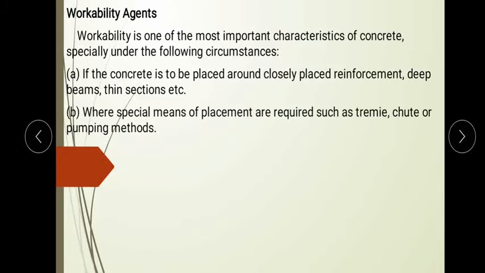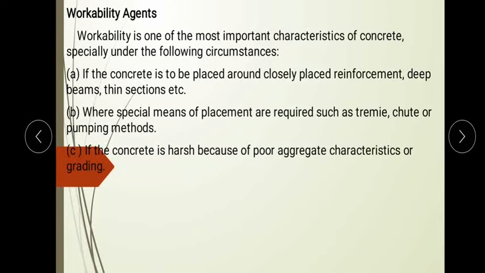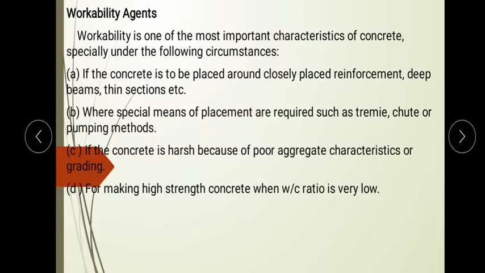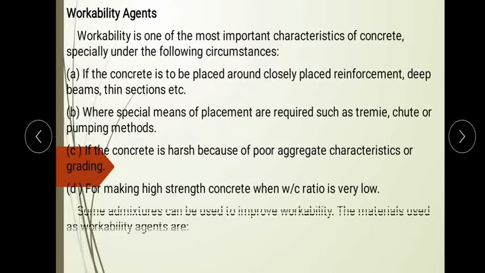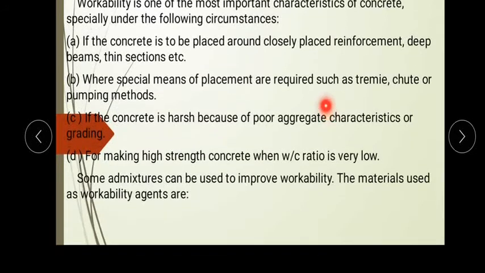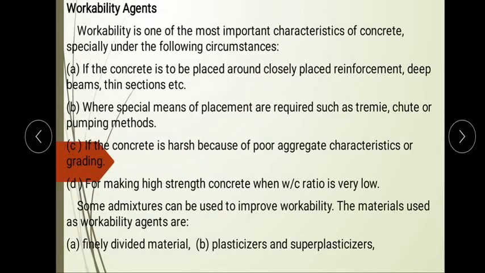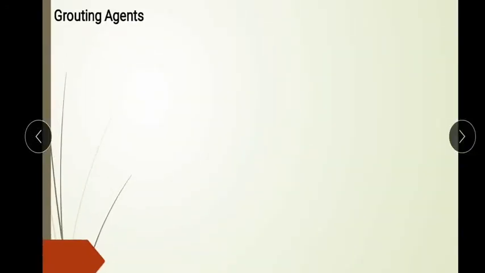If the concrete is to be placed around closely placed reinforcement and in thin sections, where special placement methods are required such as tremie or pumping methods, if the concrete is harsh because of poor aggregate characteristics, and for making high strength concretes when the water cement ratio is very low, for these kinds of elements we generally require workability agents like finely divided materials, plasticizer, super plasticizer or air entraining agents. By using these we can form a more workable concrete, and these are the workability agents.